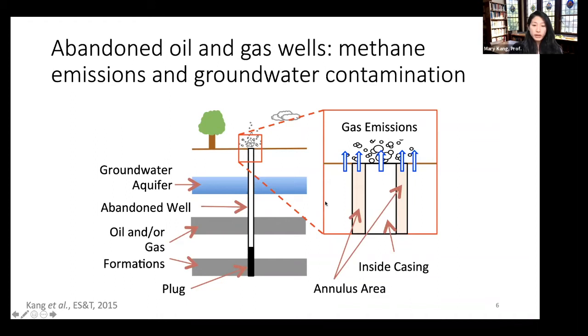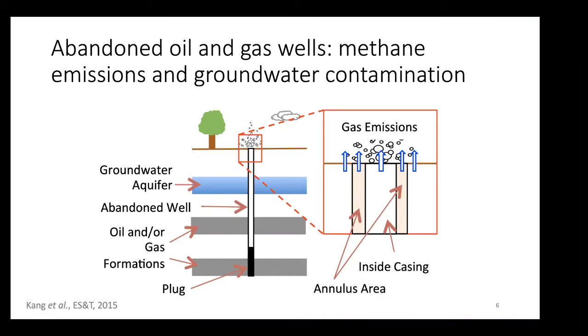These gray ones here would be oil and/or gas formations, and there could be multiple on top of each other. They're often separated by relatively impermeable layers that prevent flow between these different formations.